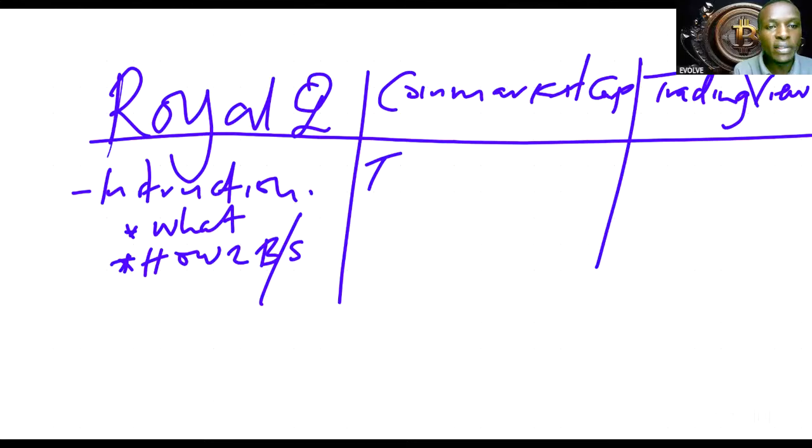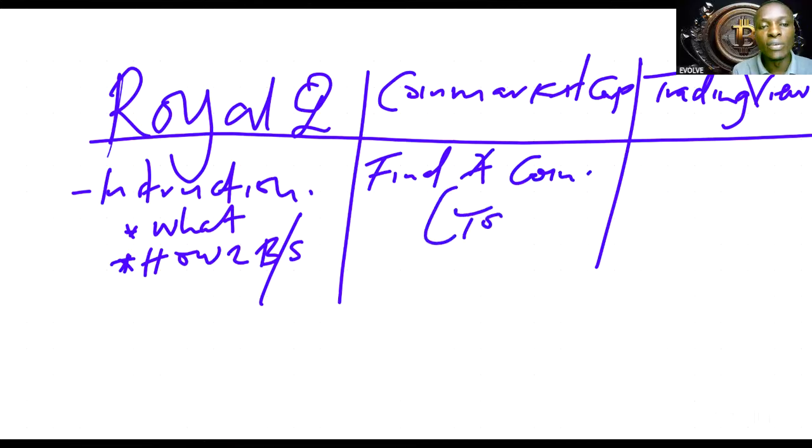Find a coin by checking the top 100, depending on the kind of trader you are. There are people who trade above top 100, those who trade below top 100, those who trade top 30, and those who trade 1 billion market cap.